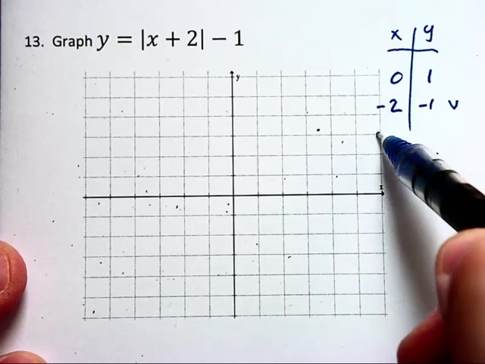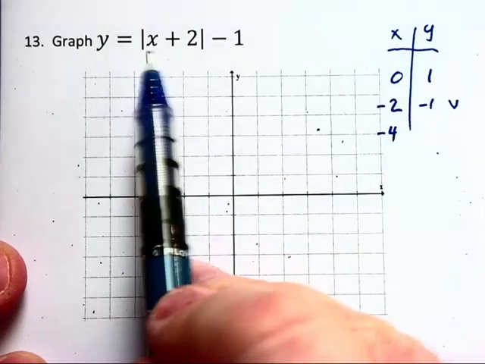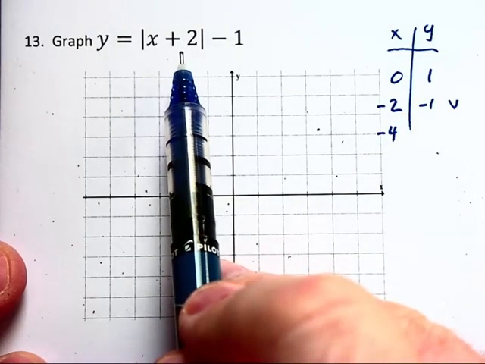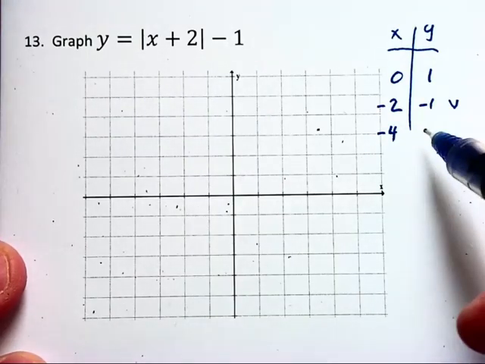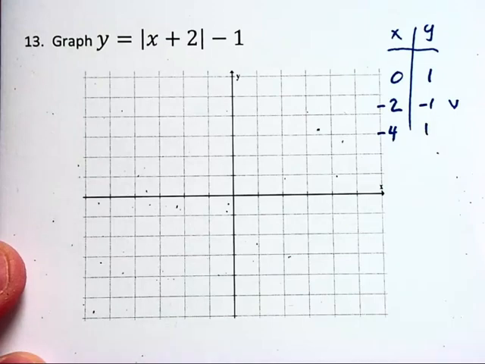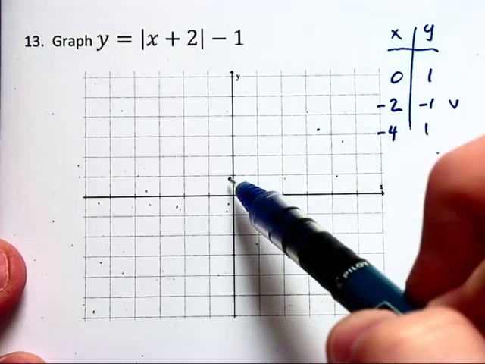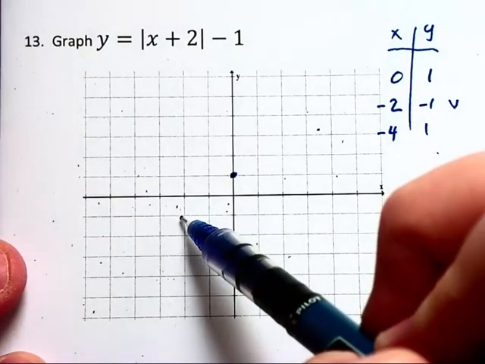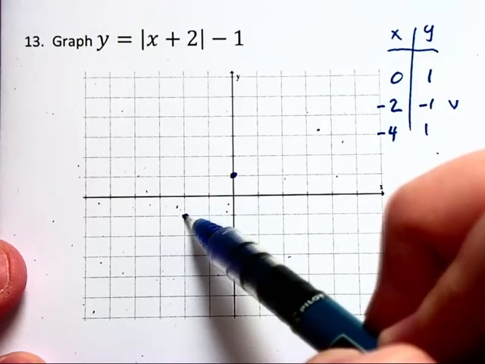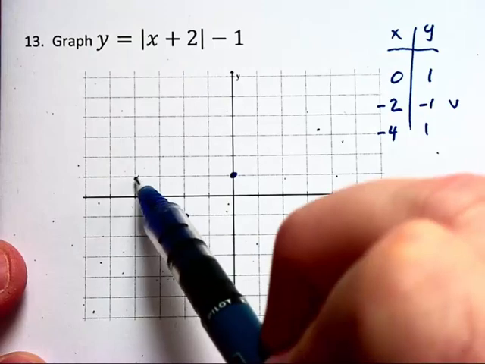Now let's go down to negative 4. Negative 4 plus 2 is negative 2. The absolute value makes it positive 2. Subtract 1 and we have 1. So our 3 points, when we plot them, are 0, 1, 1 unit above the origin, negative 2, negative 1, and then negative 4, positive 1.